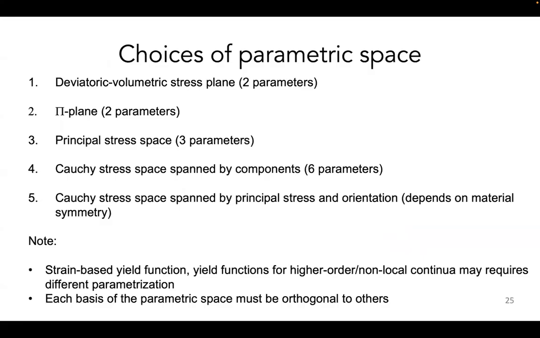If you need a refreshment, you can look at the textbook. Okay, so here, before we work on the machine learning or the level set, I just want to talk about that again. The most important thing that dictates 90% of the difficulty of the problem is the choice of the parametric space. The parametric space is very important because it tells you the symmetry. It depends on how you're parameterizing it.